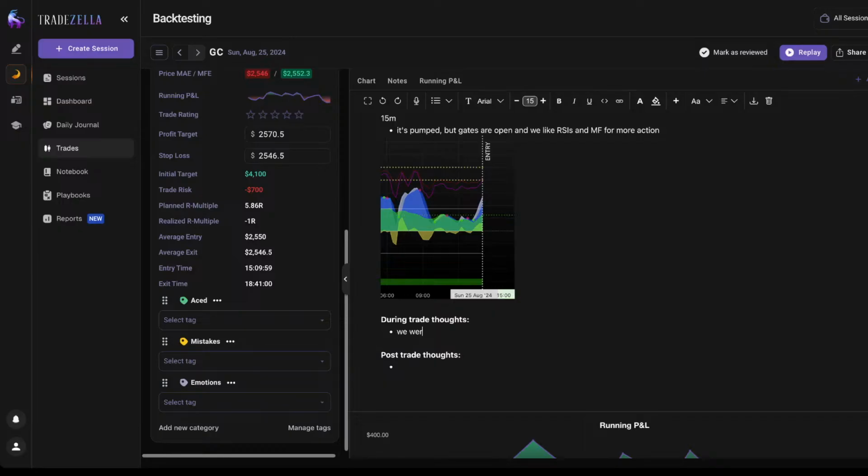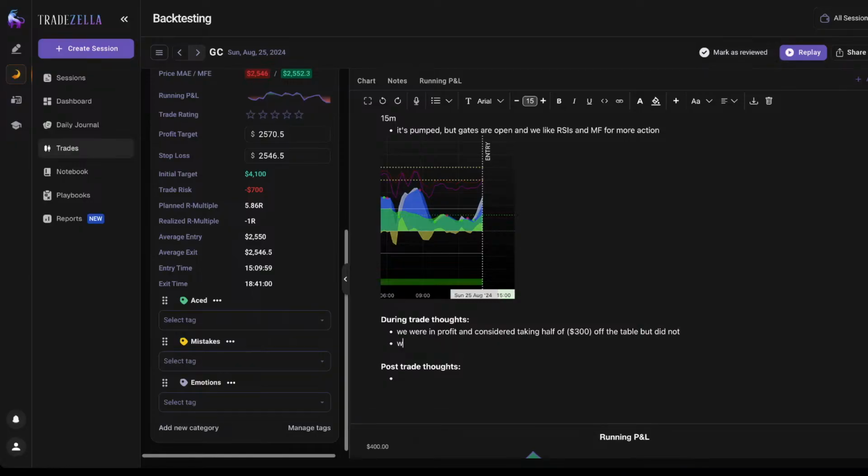We were in profit and considered taking half of 300. So a lot of pushing was going on.